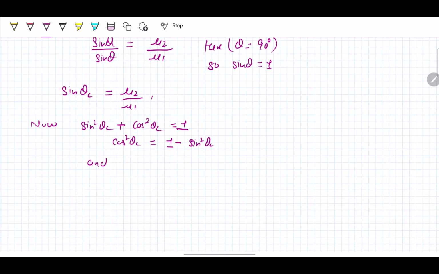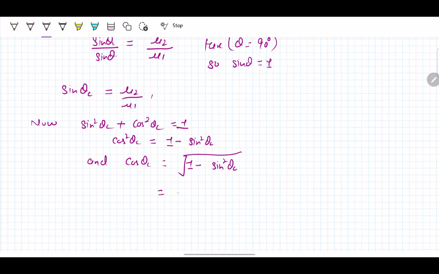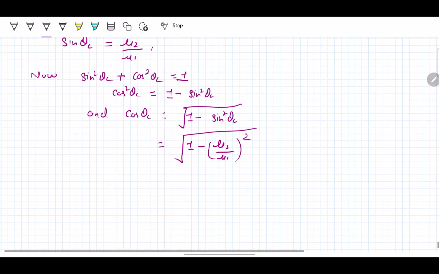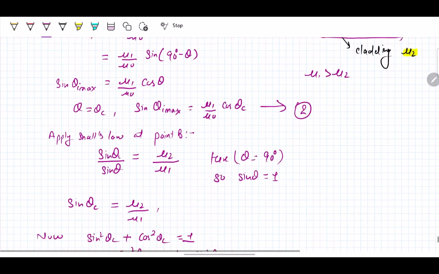And cos of theta c is equal to the square root of 1 minus sine square theta c, that is, the square root of 1 minus mu2 over mu1 whole square. From here we get the square root of mu1 square minus mu2 square over mu1 square, and this is the value of cos of theta c. I am calling this equation number 3.